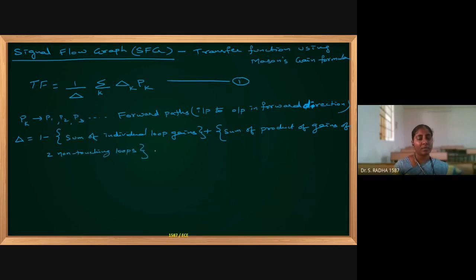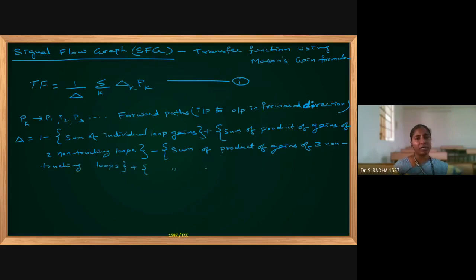Alternately, minus and plus will come. Minus the sum of the product of gains of three non-touching loops. Next is plus, then four non-touching loops will come. So the formula continues.